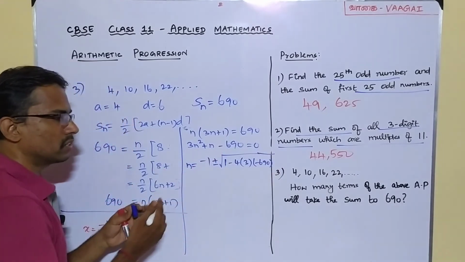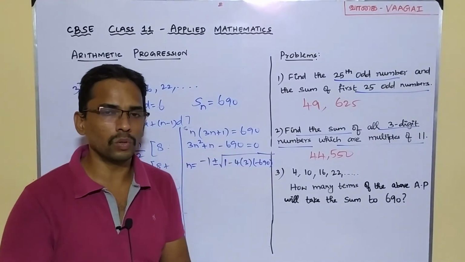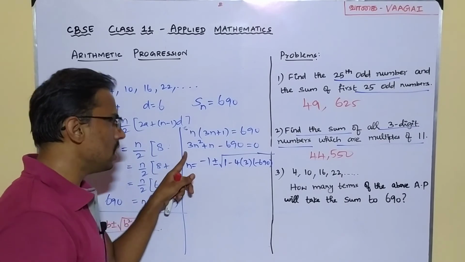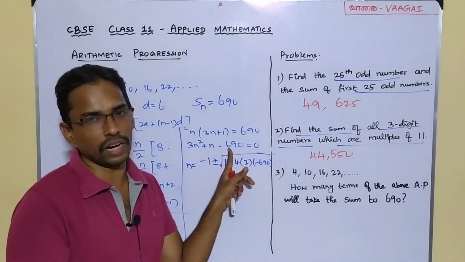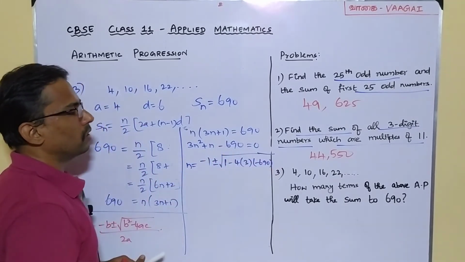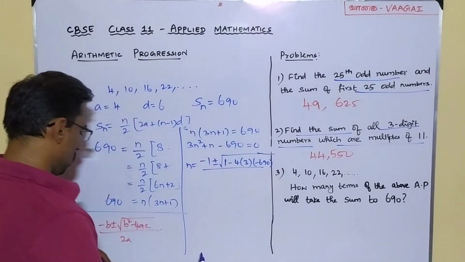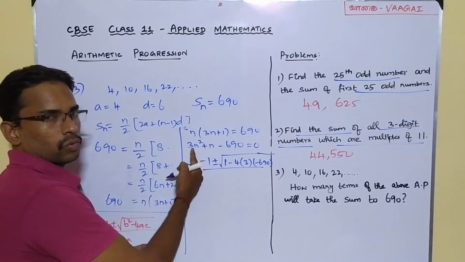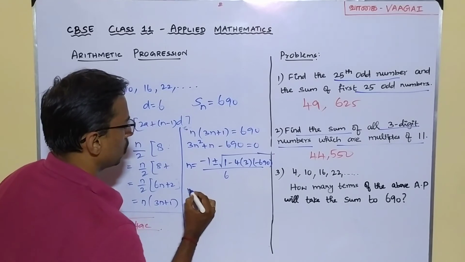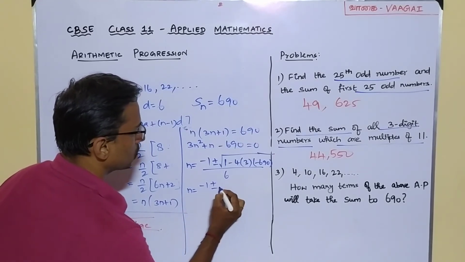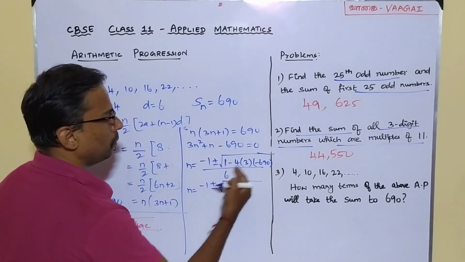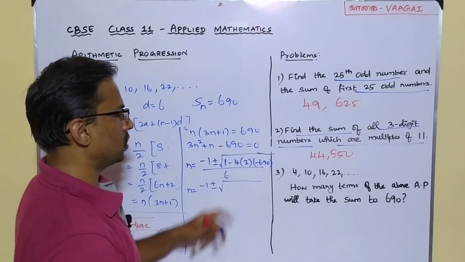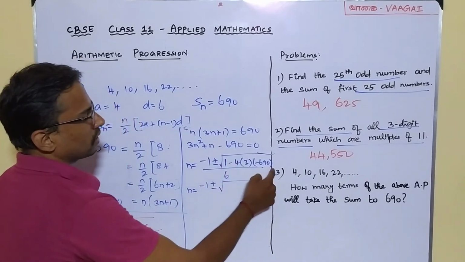The coefficients you see here are the values of a, b and c. In that case, a is 3, b is 1 and c is minus 690. So I've properly substituted the values, whole divided by 2a. 2a is of course 2 threes are 6. So n is equal to minus 1 plus or minus root of 1 plus, actually we need to multiply these values, right? So we'll be getting 690 into 12.